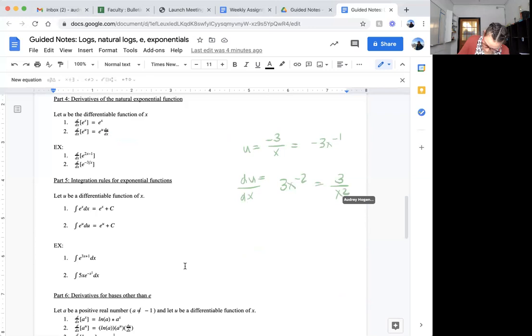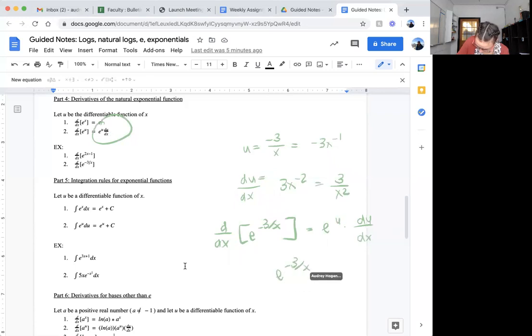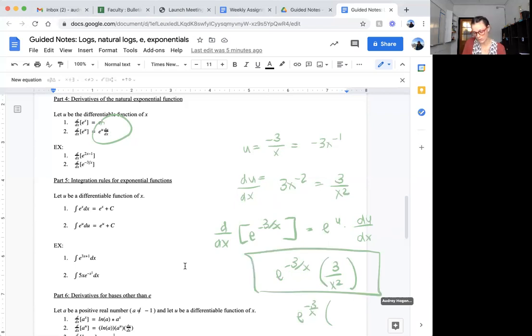So then the derivative d over dx of e to the negative 3 over x equals e to the u times du over dx. So e to the negative 3 over x times 3 over x squared. You could do some algebra with that, but I'm just going to leave it as is.